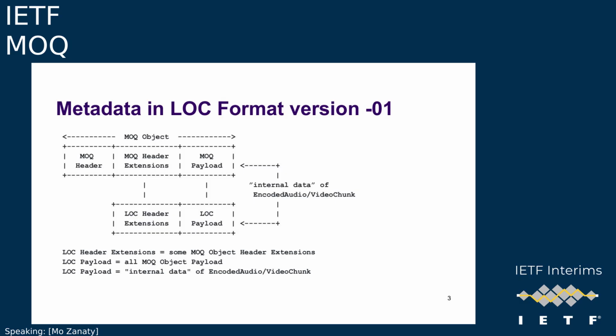And the concerns that people had were that it was polluting the general MOQ object header extensions, which a lot of people interpret to be relay relevant, polluting those with metadata that's very payload format specific, very media specific.